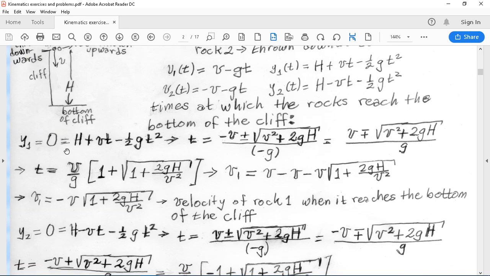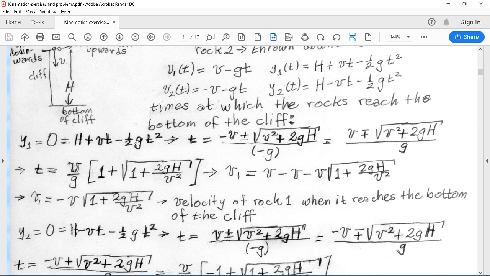So in the first case, when we consider rock 1, this expression is equal to 0, which is the position corresponding to the bottom of the cliff. So the position for the rock when it reaches the bottom of the cliff will be y1 equals 0.